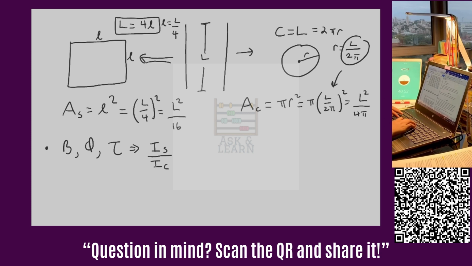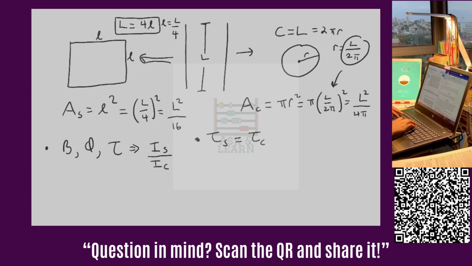So we want to find that ratio. But we know how to express the torques that these are experiencing in terms of characteristics of the loops themselves. And we're also told that the torques they experience are the same. So the expression for the torque on the square loop should be the same as the expression for the torque on the circular loop. So let's write those out.